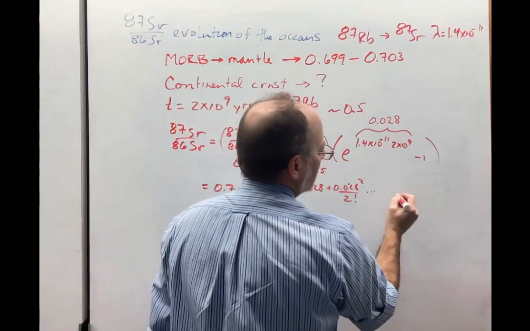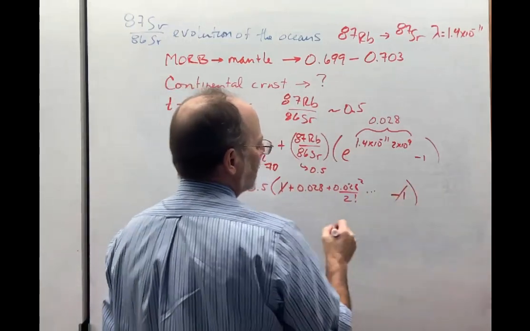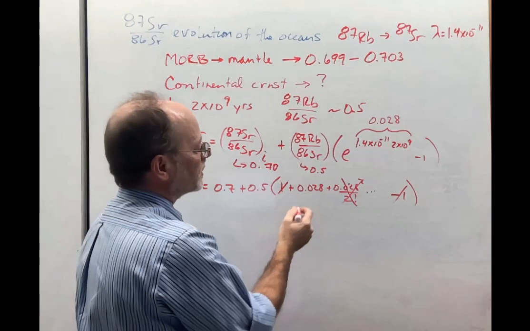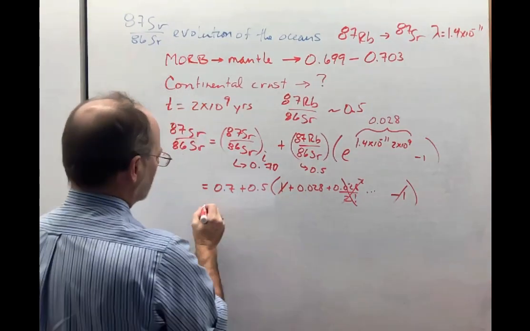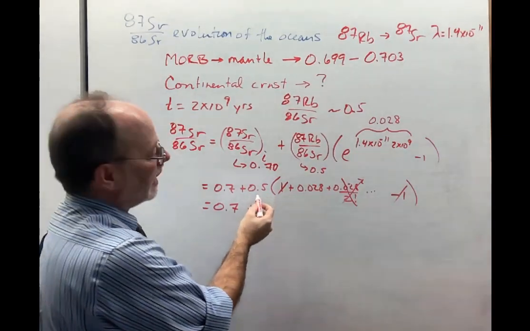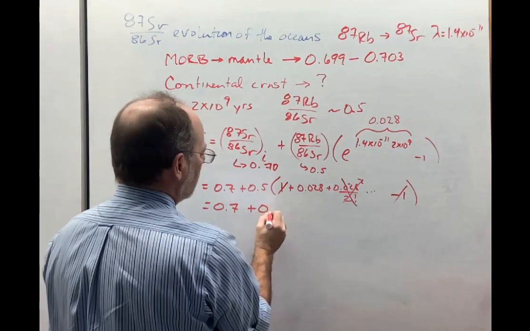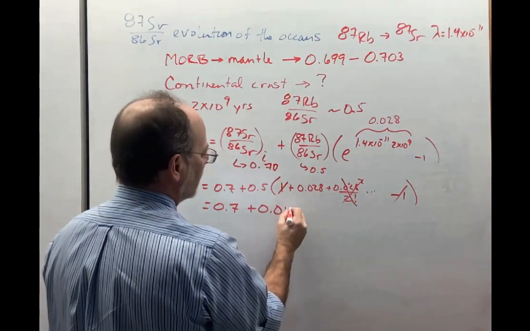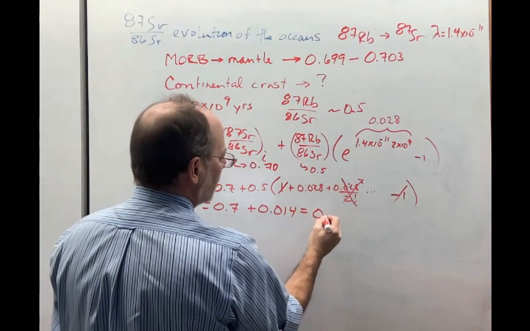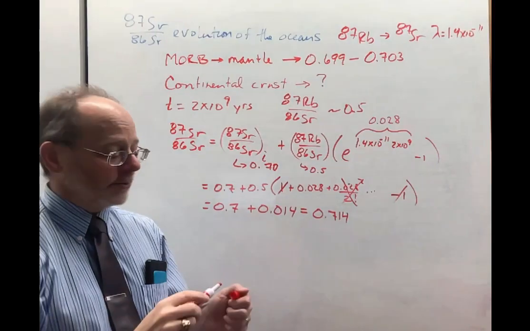And then we subtract off 1. Right? So these terms are going to cancel out. These terms, we're just going to ignore them because they're too small. And so this becomes 0.7 plus 0.5 times 0.028, which is 0.014, right? And so that's going to be equal to 0.714. That's average continental crust 2 billion years old.